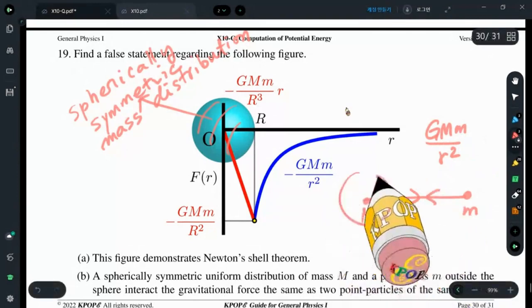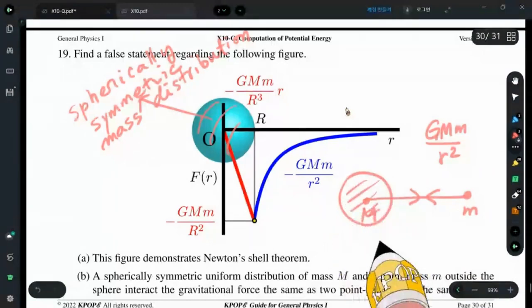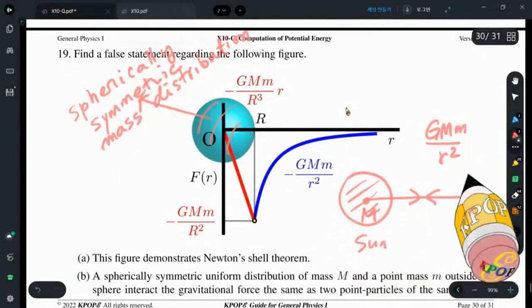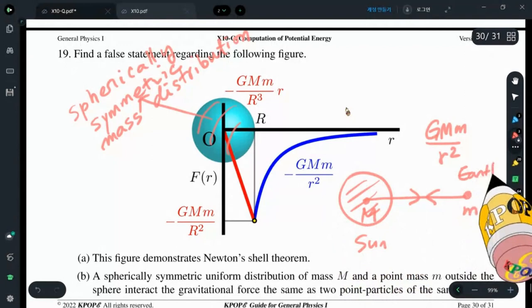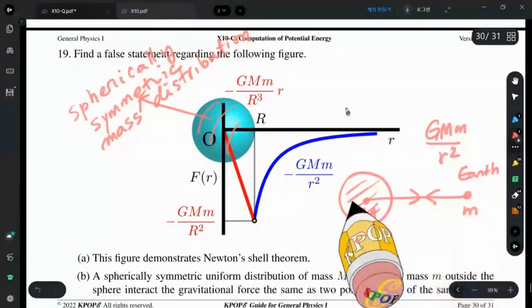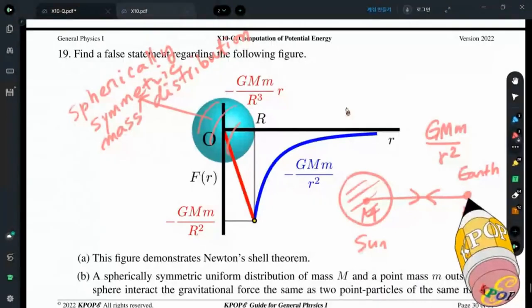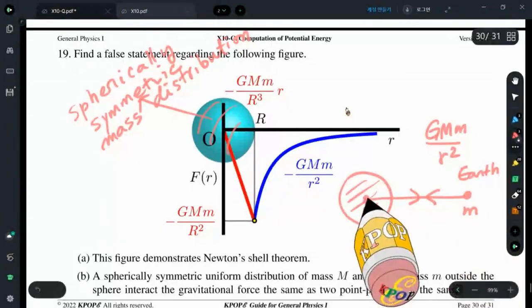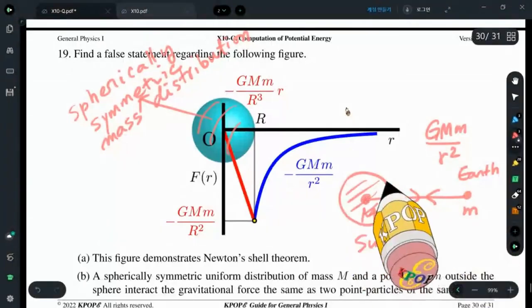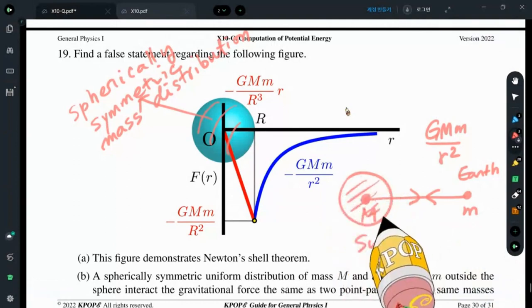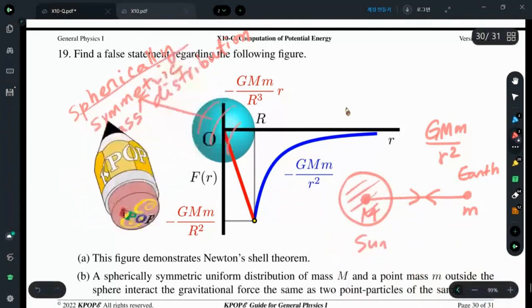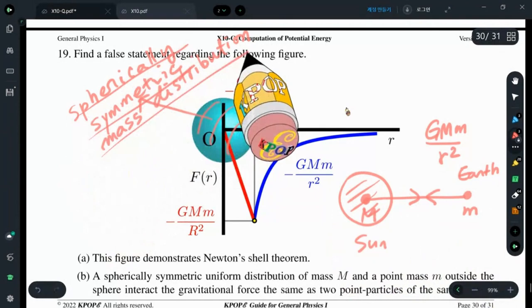However, if it is a sphere, for example, Sun and Earth, how can I compute the gravitational force between them? Simply, I can choose the center of the spherical massive object that has a spherically symmetric mass distribution.